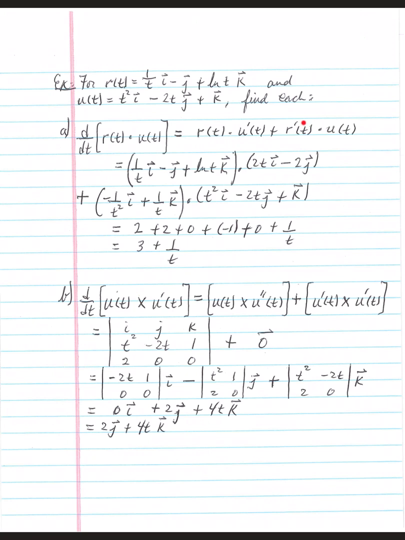Plus, then we take the derivative of r, which is negative 1 over t squared, 0, and 1 over t, times vector valued function u left alone. So I'm just going to recopy those 3. Okay, so it's basically product rule. Just take your time and be careful.